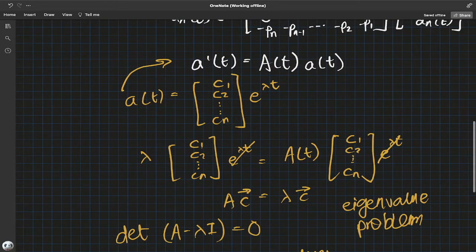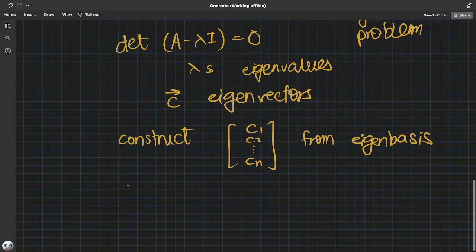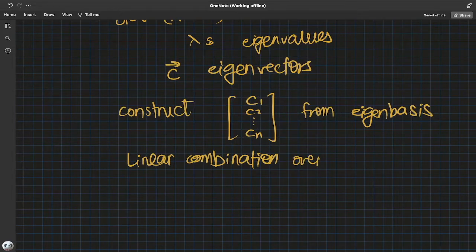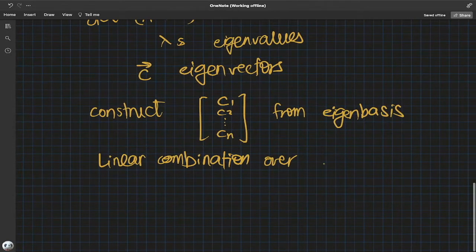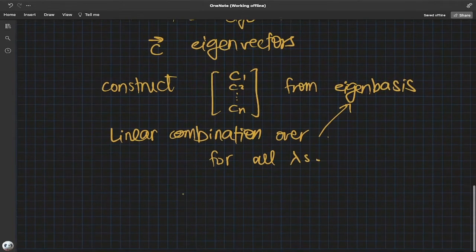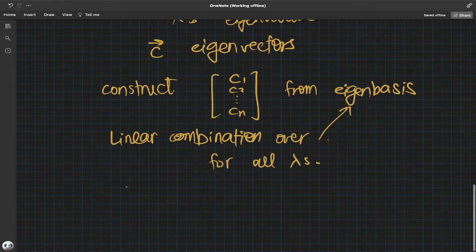So you can construct these out of the eigenbases themselves. And well, after you know this, you know what the lambdas are, you can basically write that as a linear combination over the eigenbasis for all eigenvalues, and then that's it.